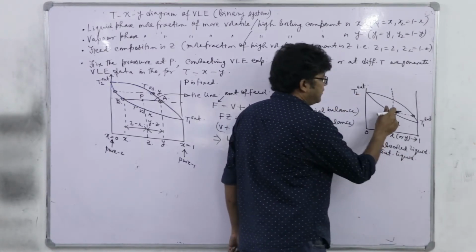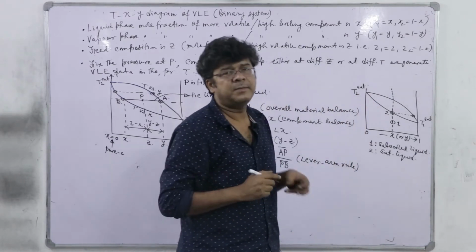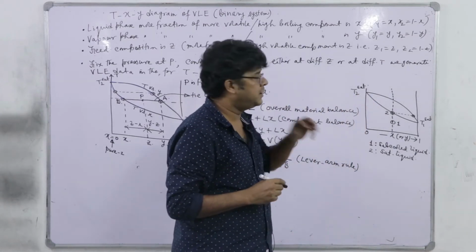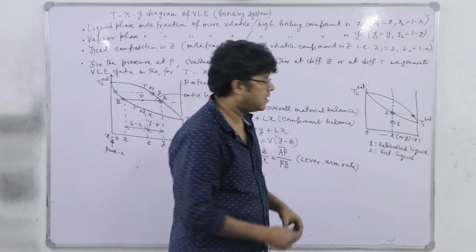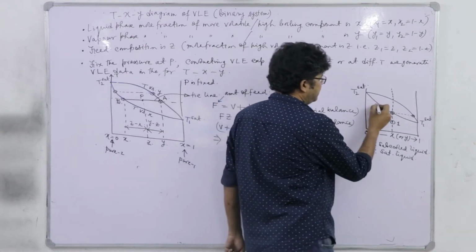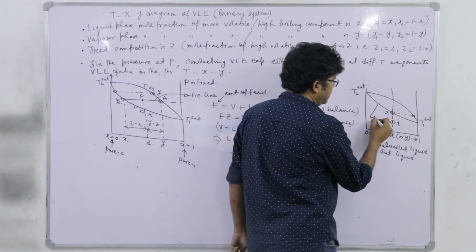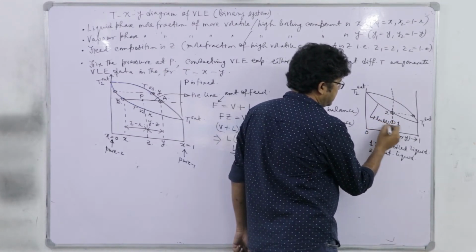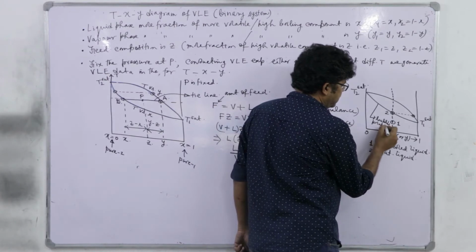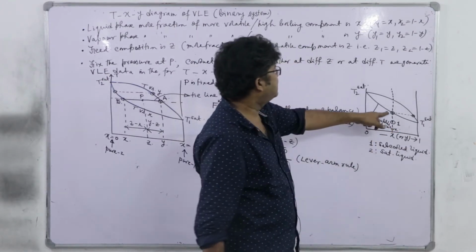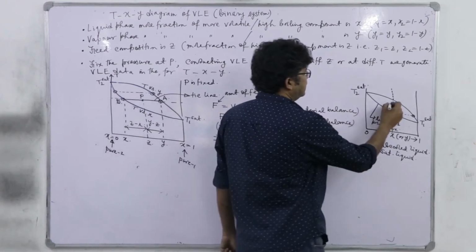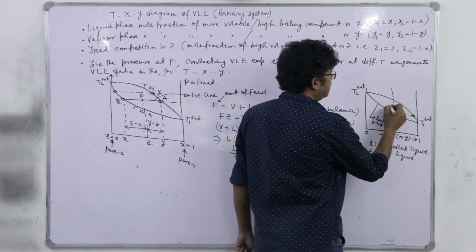And as the first bubble of vapor appears at this point 2, the T versus X line is alternatively called the bubble curve, bubble point curve. Next you go on to here, state 3.